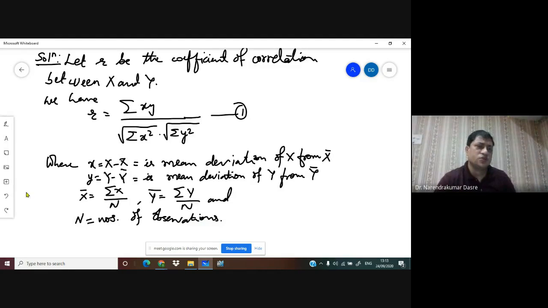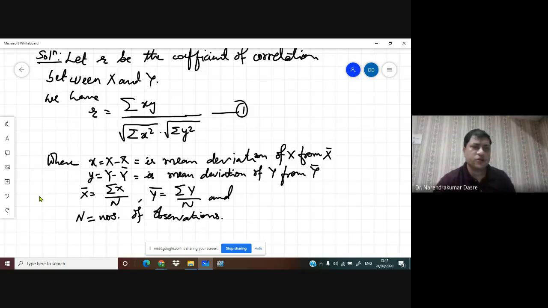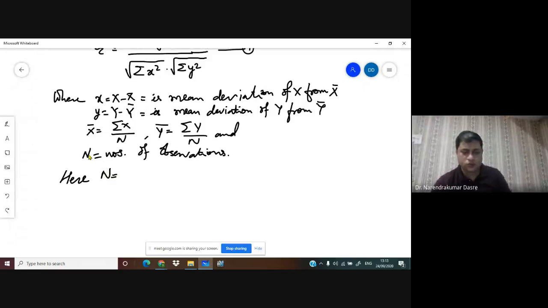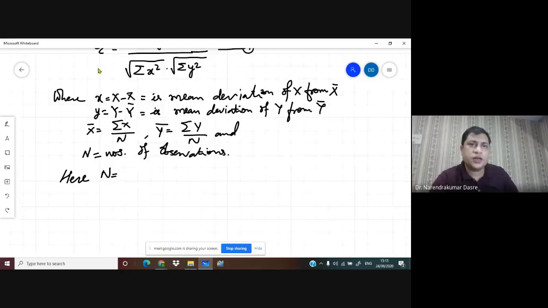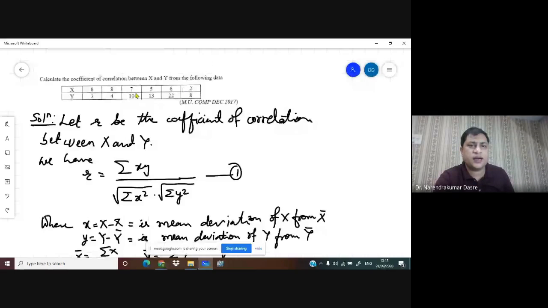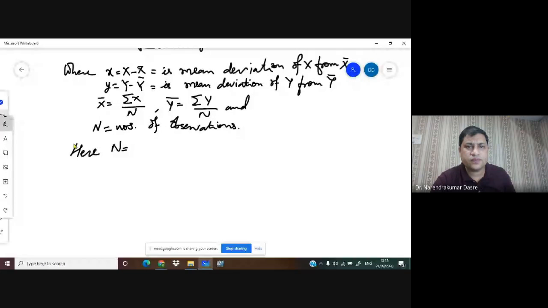Okay, so that's what is given to us. What is the value of n we get here? So we have 6 observations, and hence we have n is equal to 6 here.